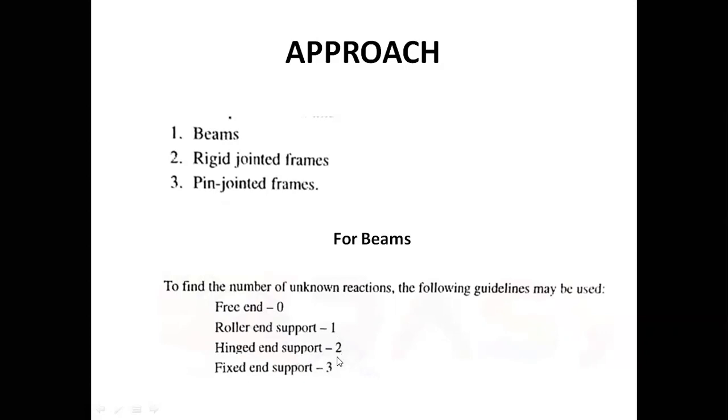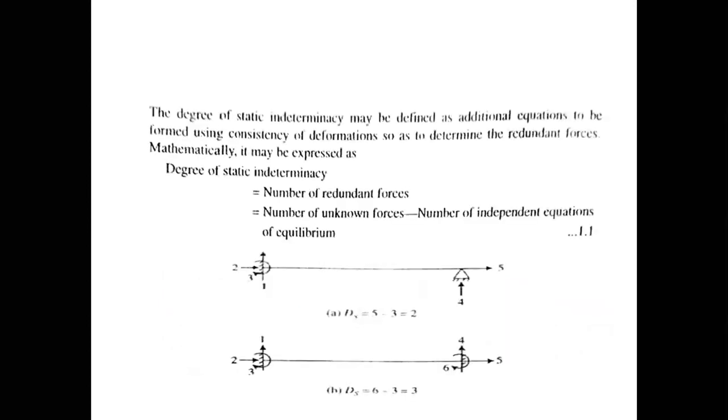At hinge, it is 2, 1 vertical and 1 horizontal, it can rotate. But at fixed end, it is 1 horizontal, 1 vertical, and 1 rotation. This is basically calculating the degree of internal static indeterminacy. In case of beam, here it is fixed 1, 2, 3. Here it is 2. So total degree of static indeterminacy here will be 5 minus 3.